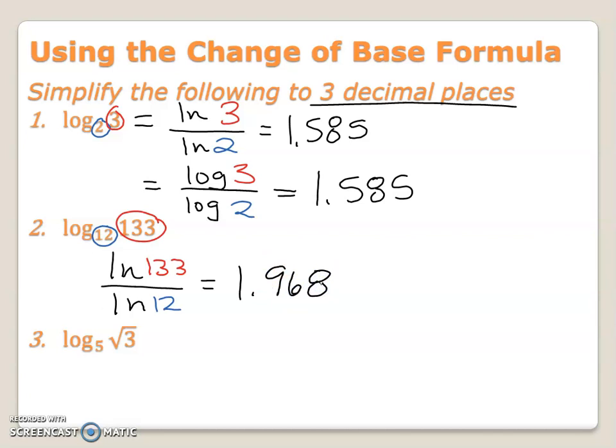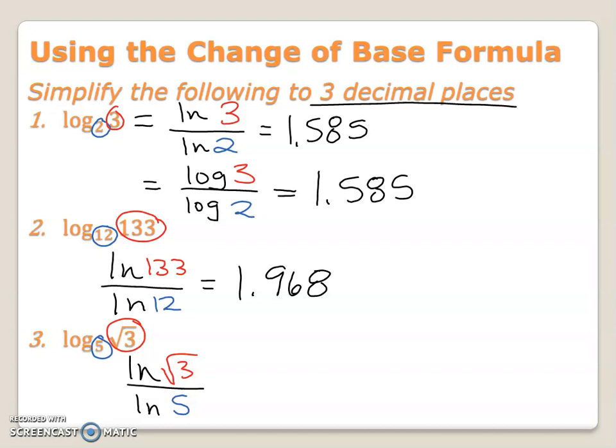Okay, this next one has a square root. That doesn't change anything. We still use our change of base formula. Ln over Ln. 5 is my base, so that's going to go on the bottom. Square root of 3 goes up top. Again, plug that in my calculator.